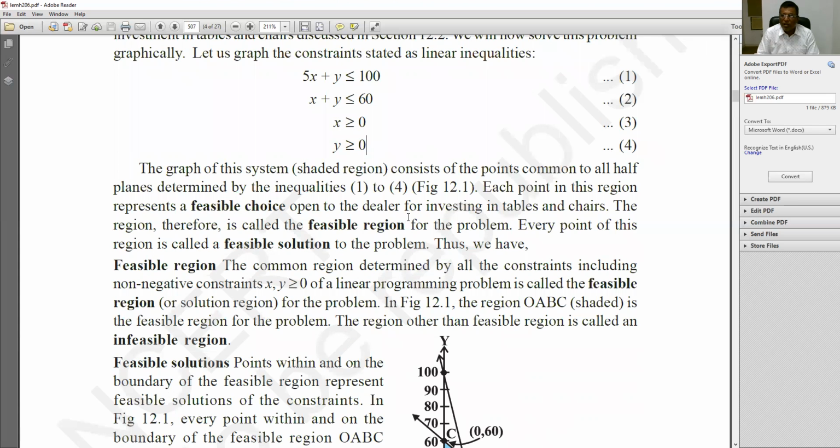So in this lecture, I hope you have understood what is a feasible choice, what is a feasible region, what is a feasible solution, and how a numerical problem of linear programming may be solved with the help of a graph.